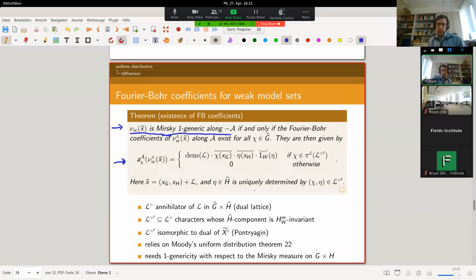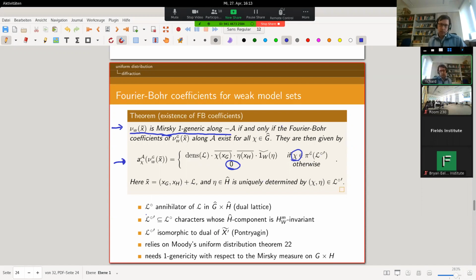So here the point is typically, or very often, there will be a 0 for many values of chi, and the possible values of chi where it might be non-zero, you can explicitly give by, again, information which is due to the underlying lattice.